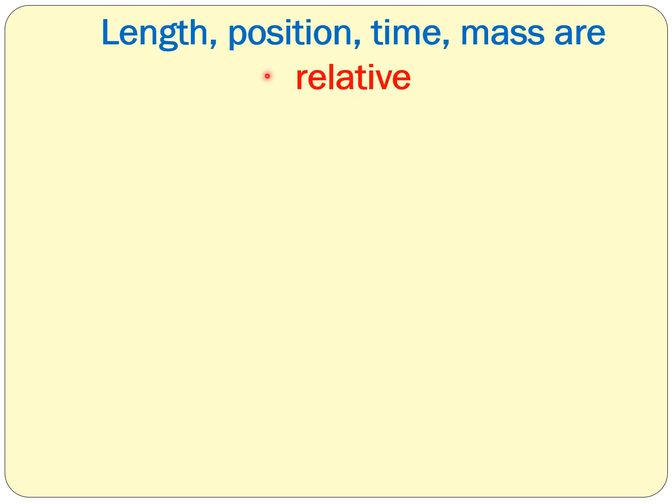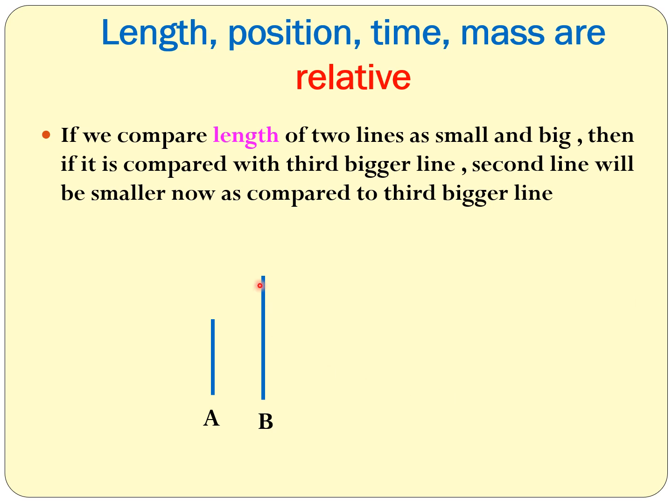So length, position, time, mass, these all are relative. Suppose we talk about the length. We can say that we have two lines, and line B is bigger or taller than A. But we cannot say that B is the biggest or tallest, because if we compare it with a third line C, then B is smaller than C. So length is always relative.